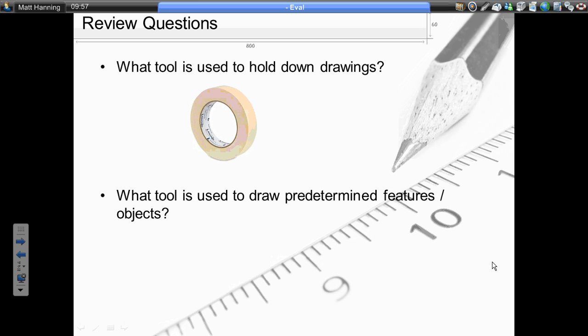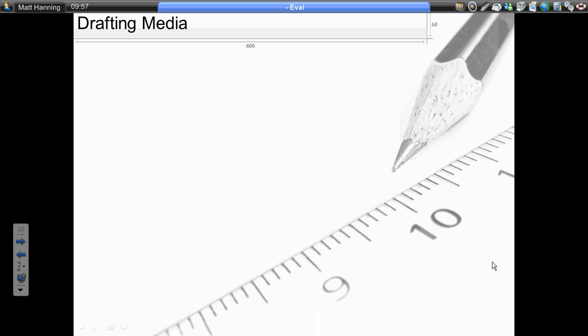What is that called? Levi. What's that tool that uses predetermined features? Template. Very good. There can be all sorts of types. Some people have some different type ones. Tell you what, on this note, I think we'll stop right here.